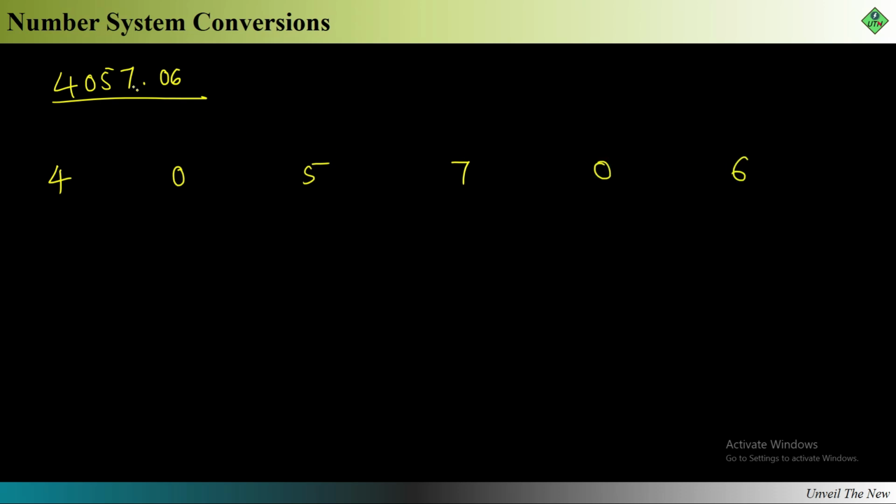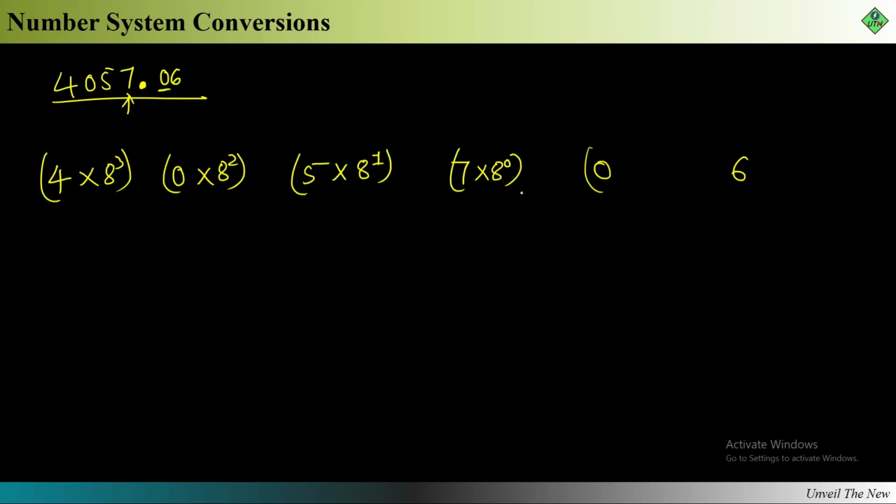Now 7 is just before the point, so it represents 8 raised to 0. 5 is after that, so we multiply it with 8 raised to 1. Then we have 0, which has the weight 8 raised to 2, and then 4 has the weight 8 raised to 3. Now this 0 is after the point, so it has the weight 8 raised to -1, and 6 is after that, so it will have the weight 8 raised to -2.